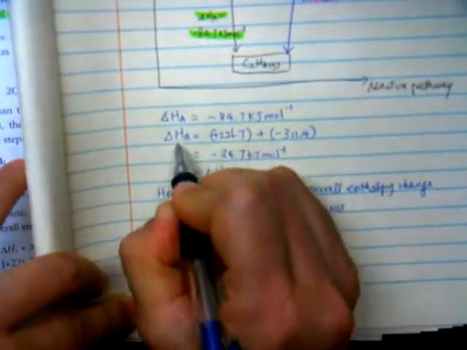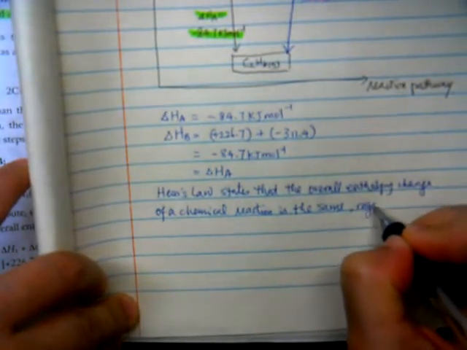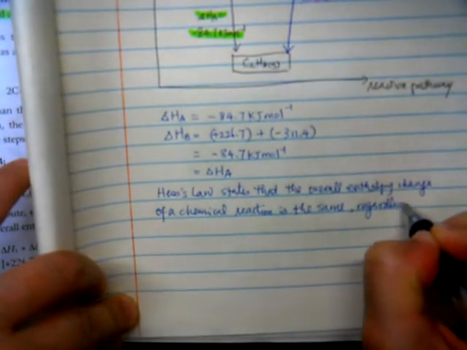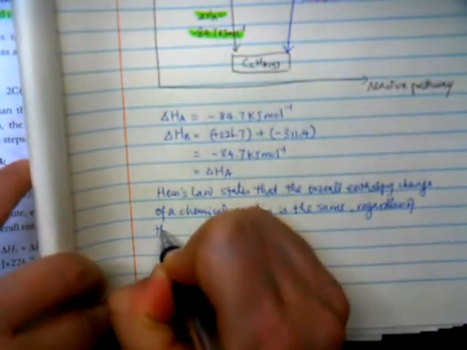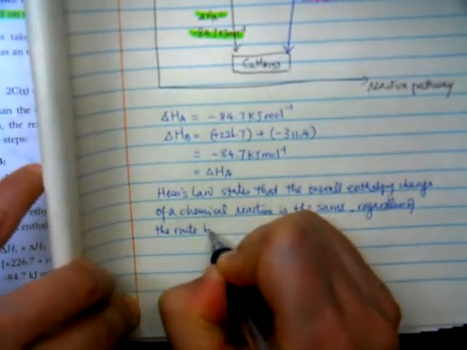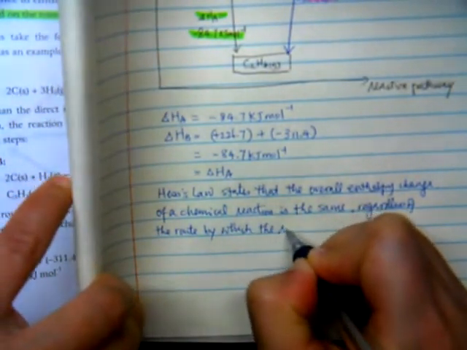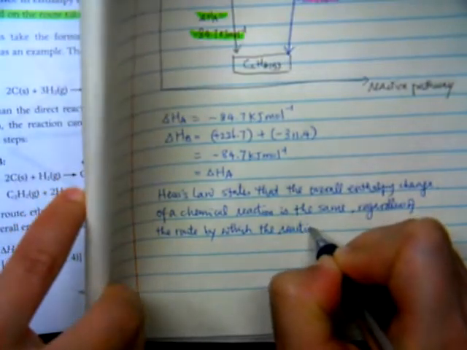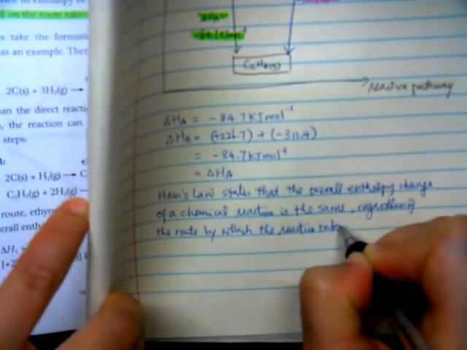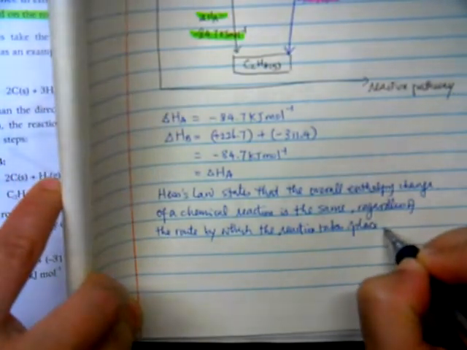Delta H_A and delta H_B are the same, regardless of the route by which the reaction takes place.